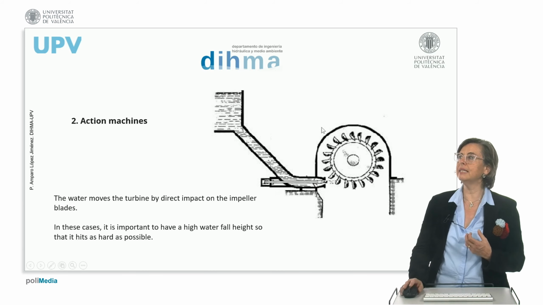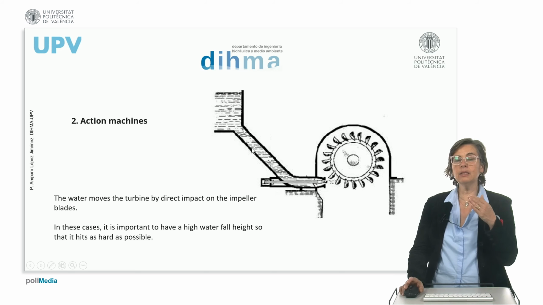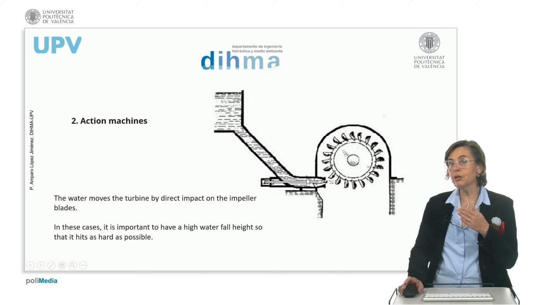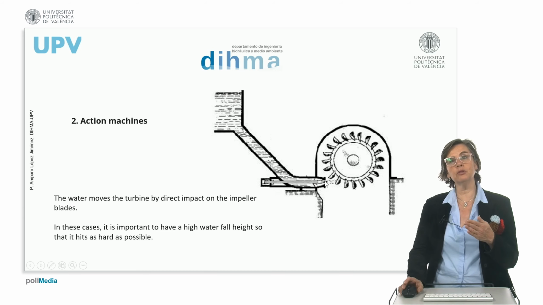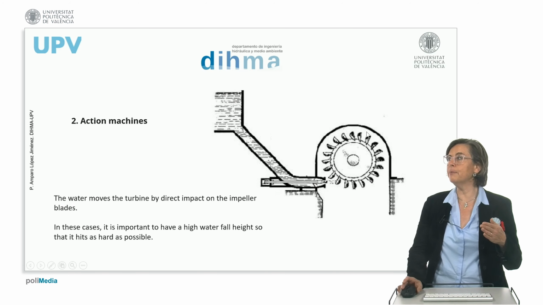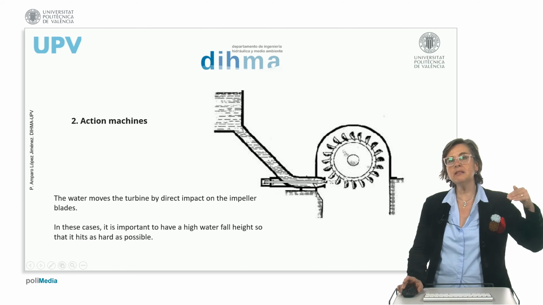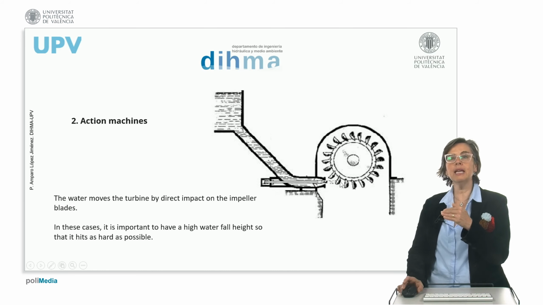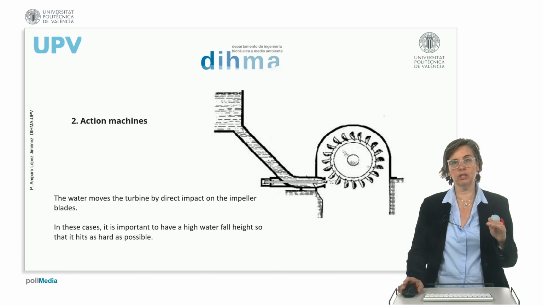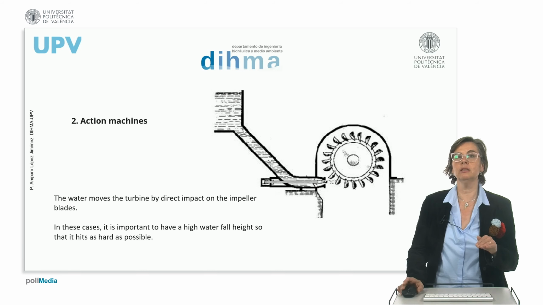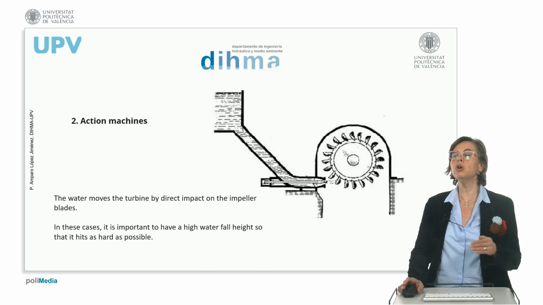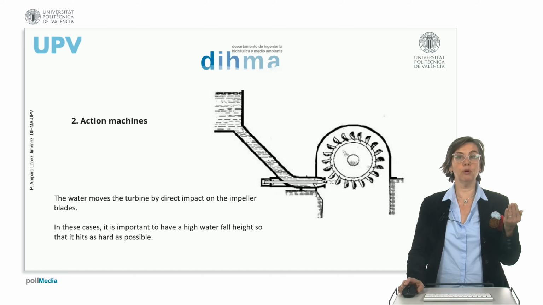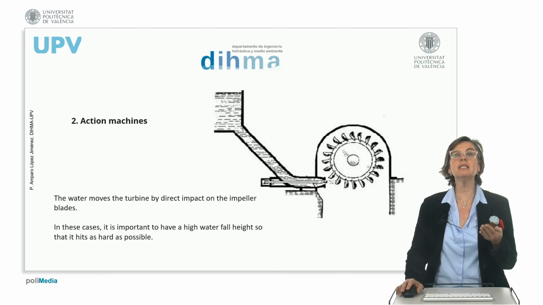Like in this case, the water gains more and more static pressure, and then goes out at 0 pressure because it is at atmospheric conditions, and this jet moves the impeller with a direct impact, but no change in pressure inside the machine. It is important to have a high waterfall height, so it hits as hard as possible, because this is an action machine.